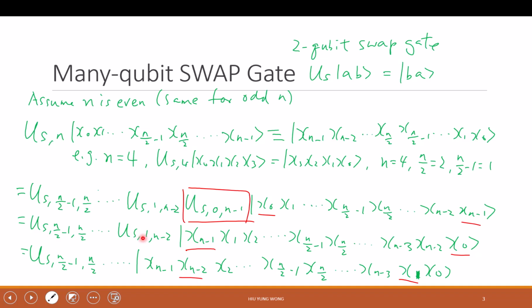But here I actually skip something very important. When I only say swapping 1 and n minus 2, it means I only affect this qubit and this qubit. I actually also need to write down the identity gate for the other qubits, and that is the tensor product of those identity gates with this gate.